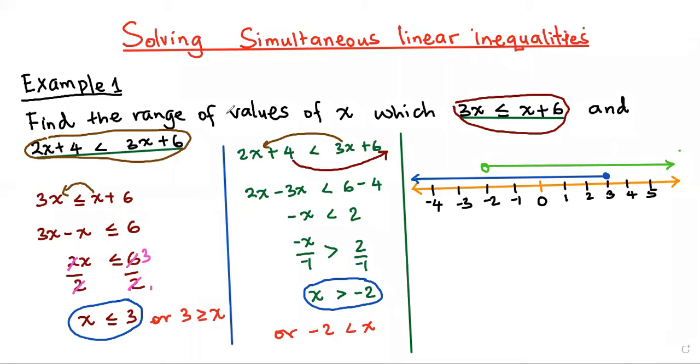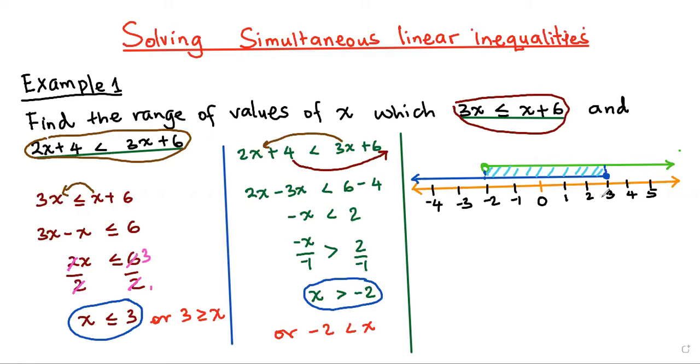Okay. Now, you see that this part and this part, they overlap. The number line going to the left overlaps with the number line going to the right. So, let us try to color this part. Now, this part where there is overlap, it is where we have solutions to both inequalities.